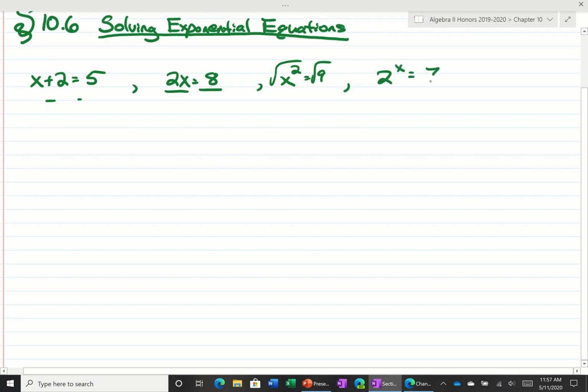is equal to 7. Now we can't divide by 2 because we're not multiplying. We also can't subtract, we can't use a square root, you can't take like the x square root or anything like that.